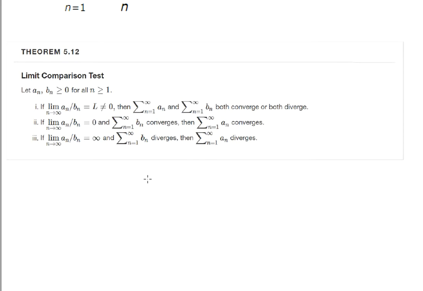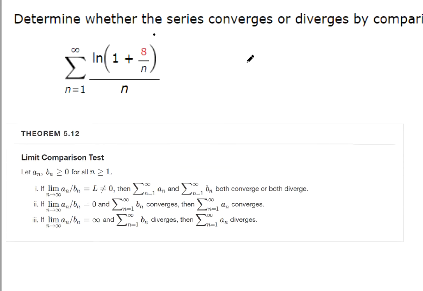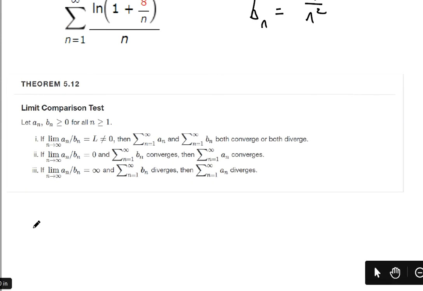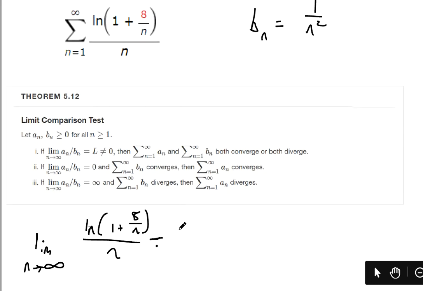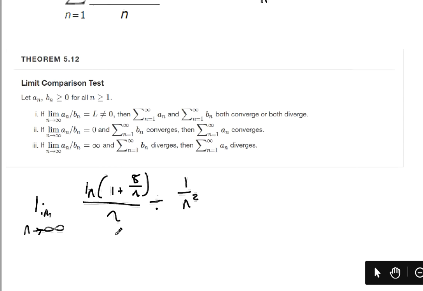Instead of something that diverges, let's try something that converges. Let's compare it to 1 over n squared. This is a convergent p-series, so we know this converges. So repeating that step, the limit comparison test, we evaluate the limit as n goes to infinity of the natural log of 1 plus 8 over n divided by 1 over n squared.